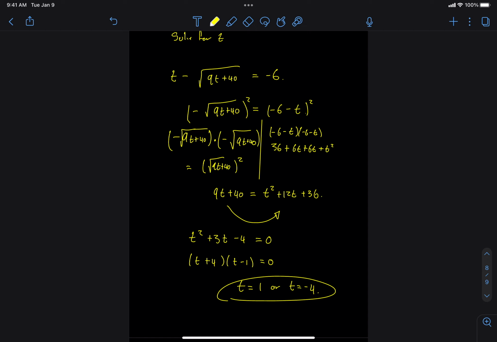Any questions on that? Okay, so what are the steps again? Somebody run me through all the steps. Isolate the radical. Square both sides. Combine like terms.